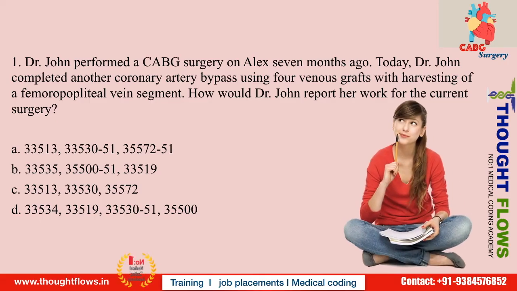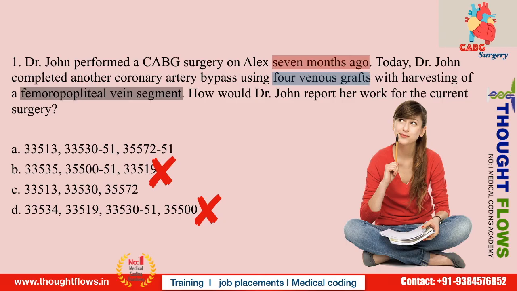Here, patient is coming for a reoperation of CABG after 7 months of primary surgery. Here, surgeon used 4 venous grafts and that was harvested from femoropopliteal vein. So, just check the options. We can directly rule out B and D as these codes are arterial grafts. But in the scenario, they given venous grafts.